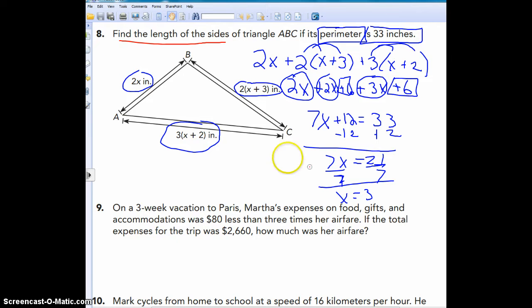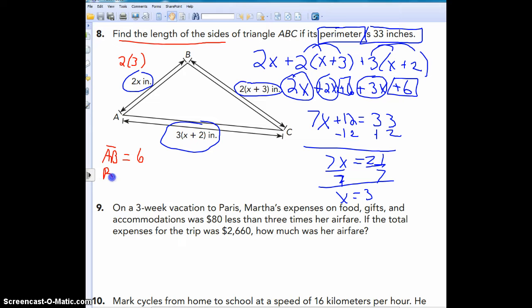So now that I know what x is, I can go ahead back into these expressions here for each side and plug in the 3 where the x used to be. So that's going to give me side AB is 2 times 3 or 6. Now let's do side BC.